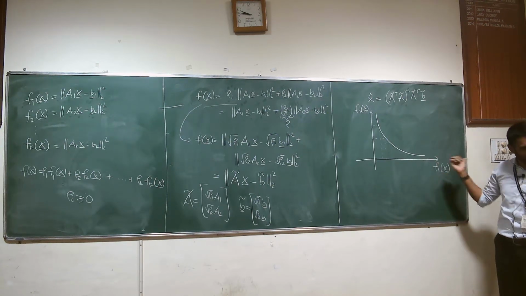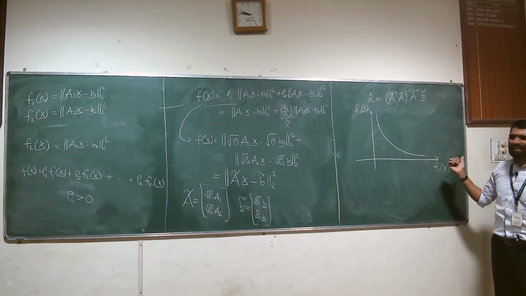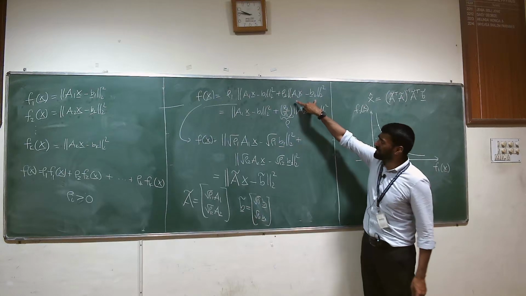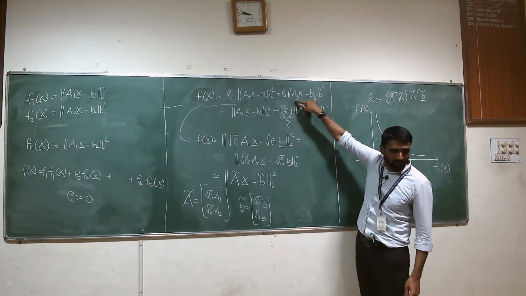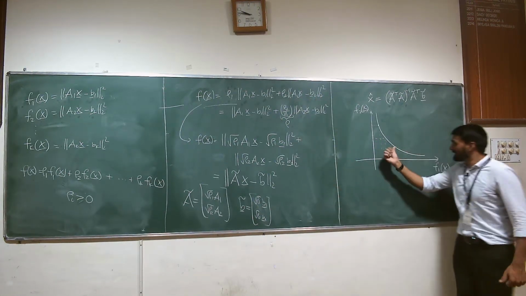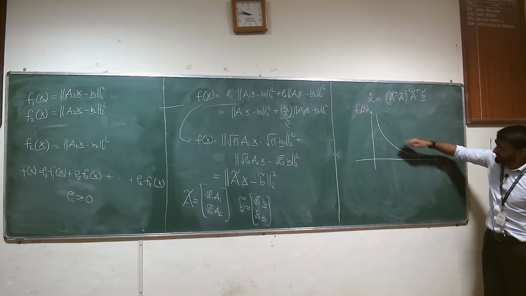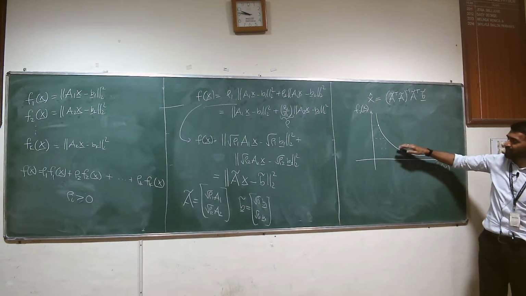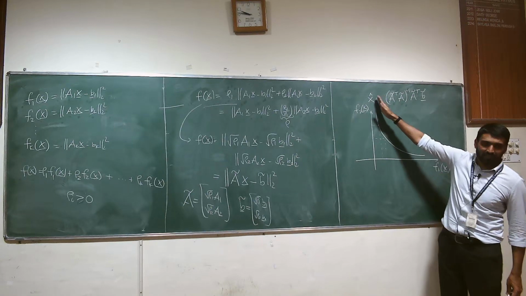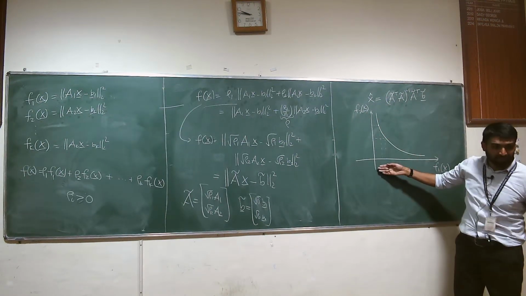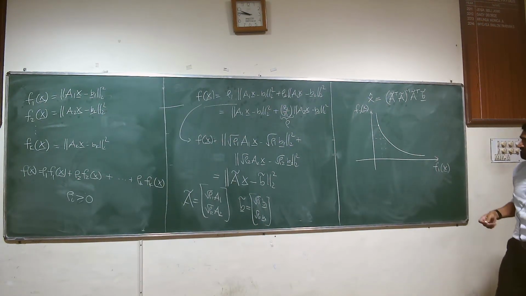Okay, why? Well, if I increase rho, that means I care about this more. So my optimization is going to try to reduce f2 of x. That means moving along the curve in this direction would lower the value of f2 of x. If I lower the value of rho, then it moves like this because I care more about f1 of x.